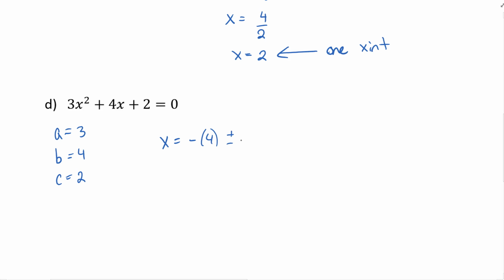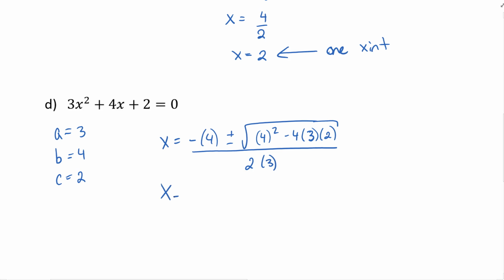Negative B plus or minus the square root of 4 squared minus 4 times A times C. Substituting everything in, same as before, 2 times 3. I got negative 16 plus or minus the square root of 16 minus 24, all over 6.